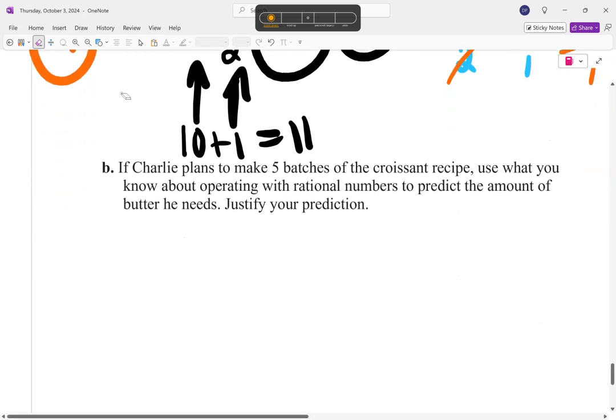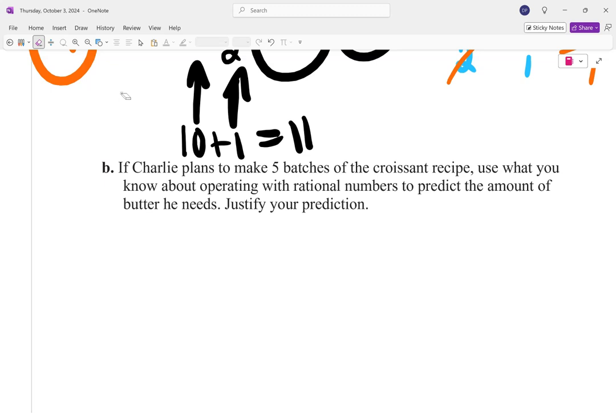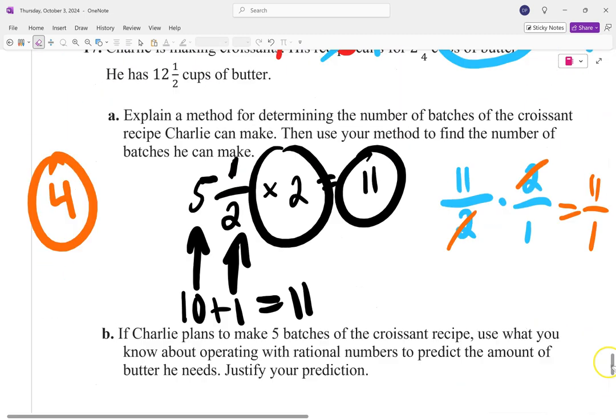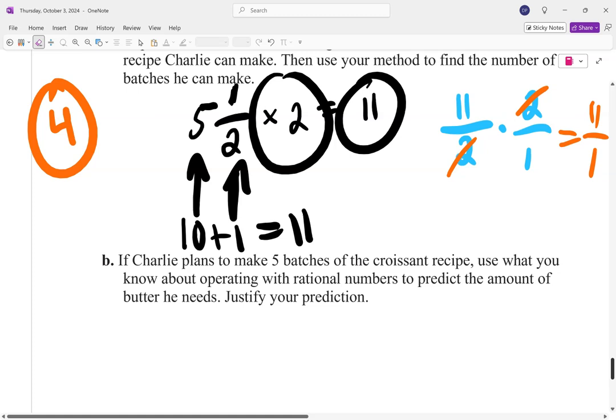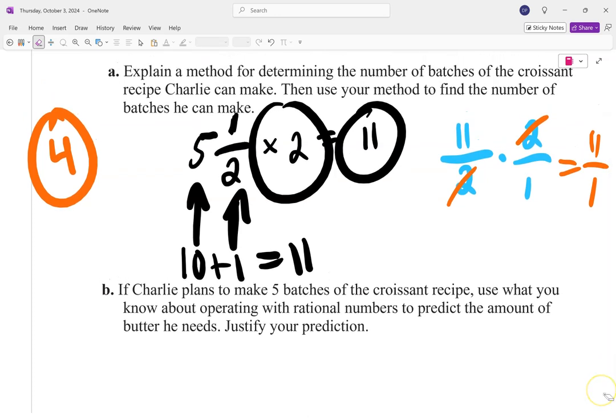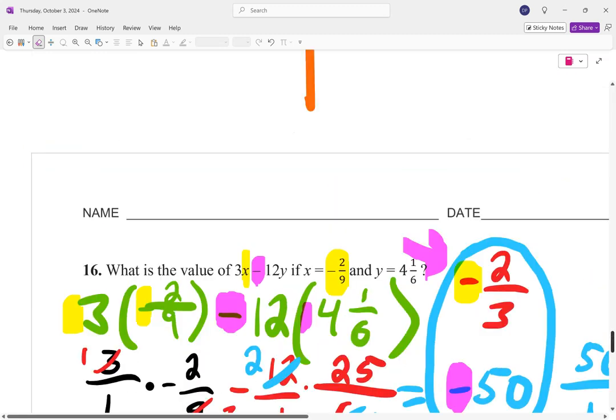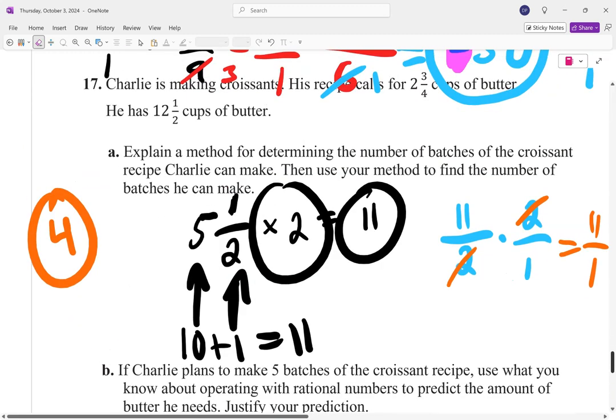Let's see about B. If Charlie plans to make 5 batches, you're going to predict the amount of butter. Okay, so let's see. When they say predict, I'm thinking they mean exactly in fractions, not how much he's buying at the store. I don't know what denominations they come in at the store. So they're just asking for 2 3/4 times 5.